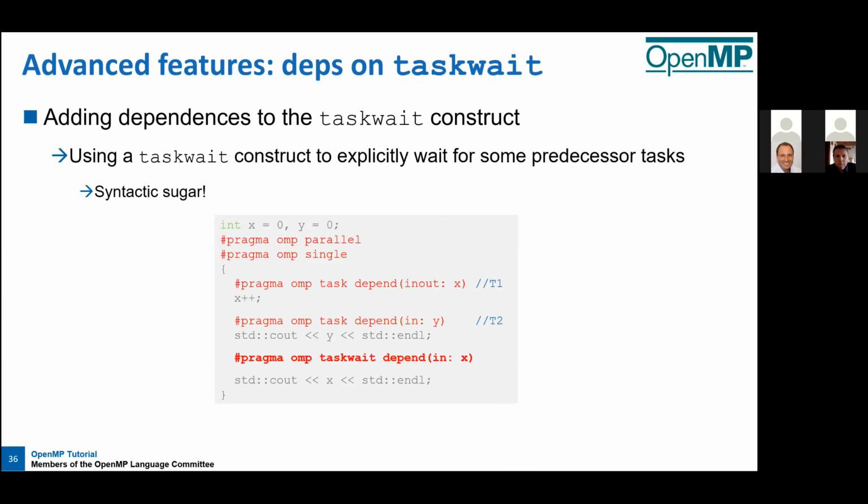All right, and then real quick, what we did in OpenMP 5 is the taskwait construct now also has a depend clause. And so what that gives you is, if you want to create really, really large dependency graphs, you can now use the taskwait construct to inject synchronization nodes into the task graph so that you don't actually have to wait down here, right?